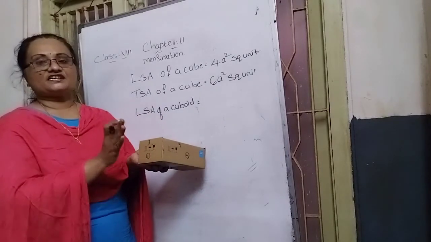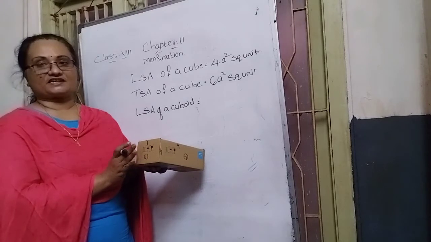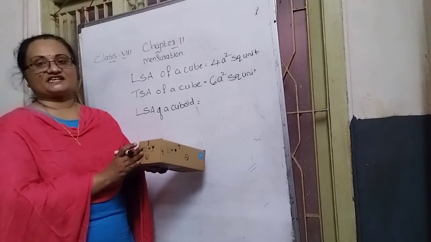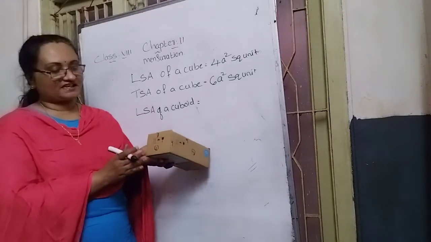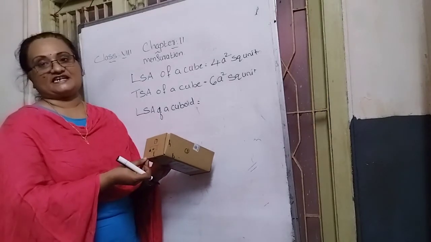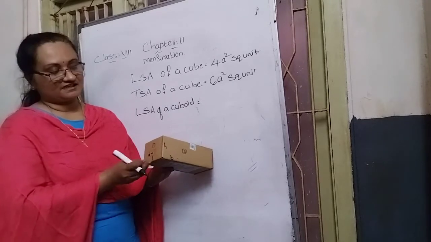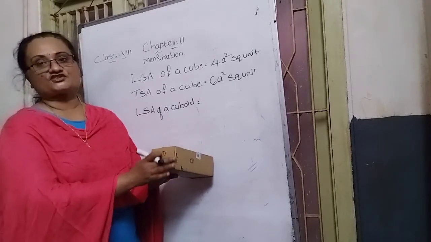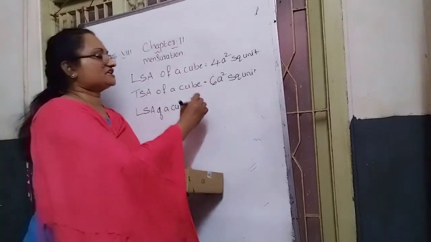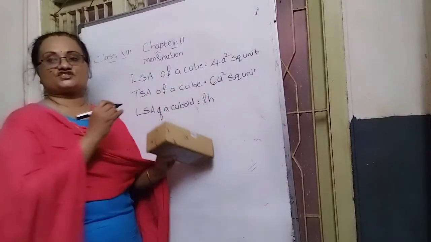That's why, in each case, how do we find the first face? The first face is a rectangle, and we want the area of a rectangle. Here length is represented by L, and the breadth of this rectangle is equal to the height of the cuboid. That's why the area, length into breadth, means L into H is the formula.